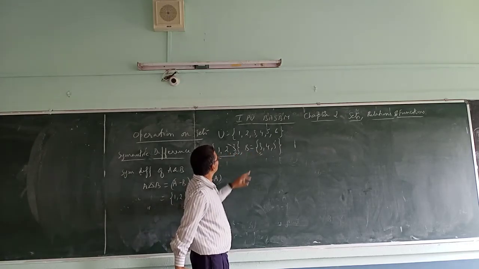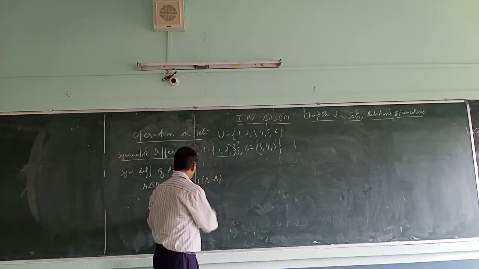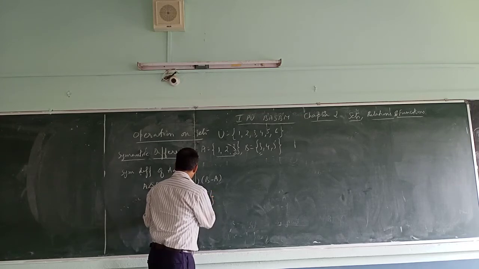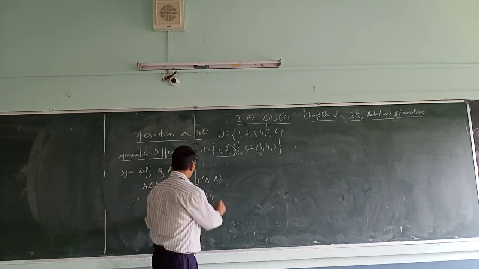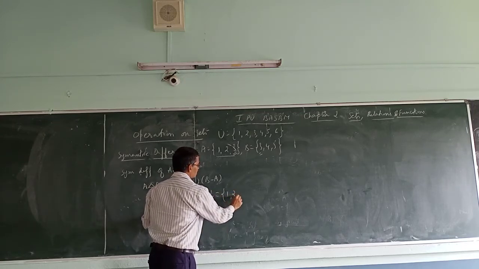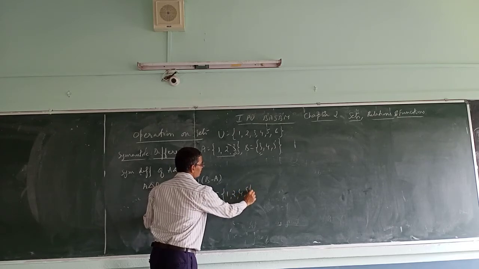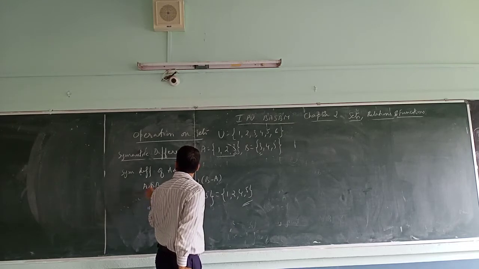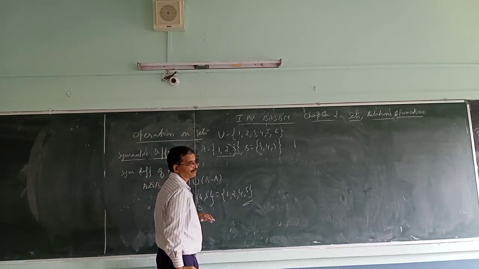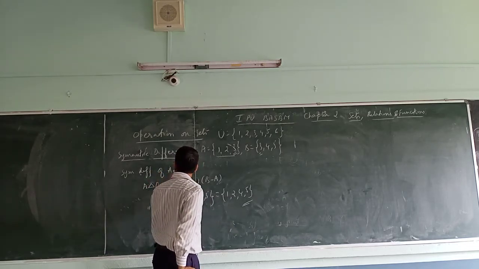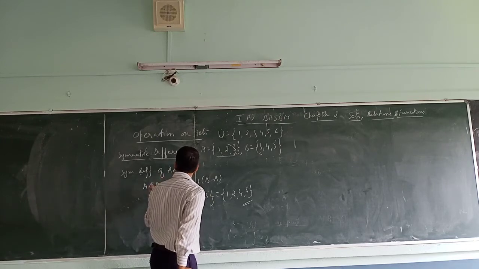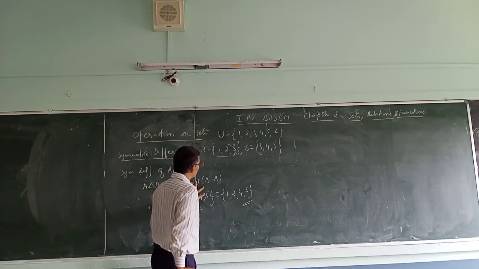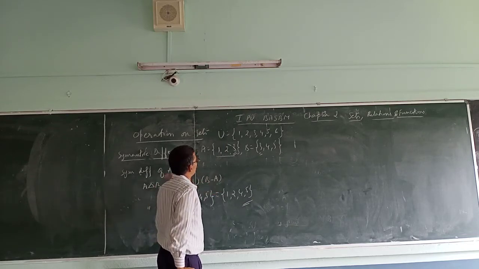Remove the common element, so we get 4, 5. Now 1, 2 union 4, 5 equals the set 1, 2, 4, 5. So this is called the symmetric difference of A and B. So A symmetric difference B means A minus B union B minus A.